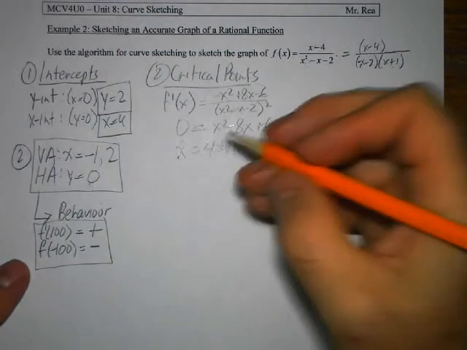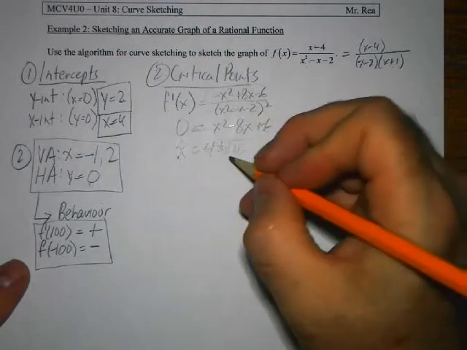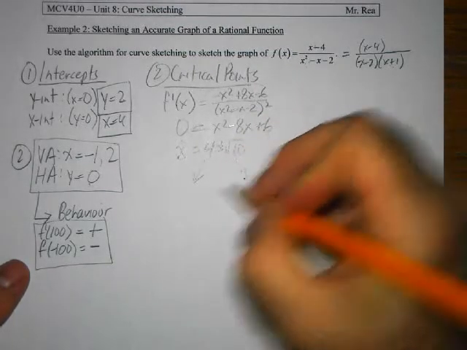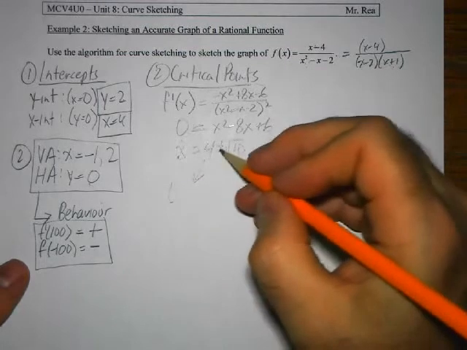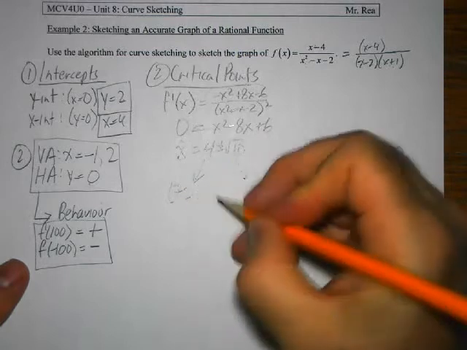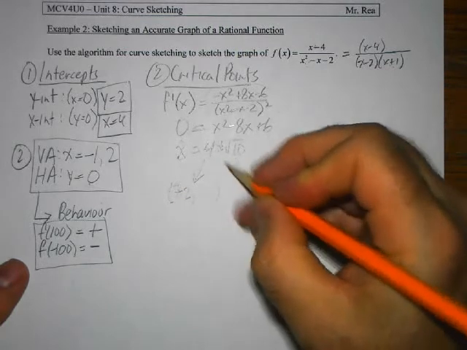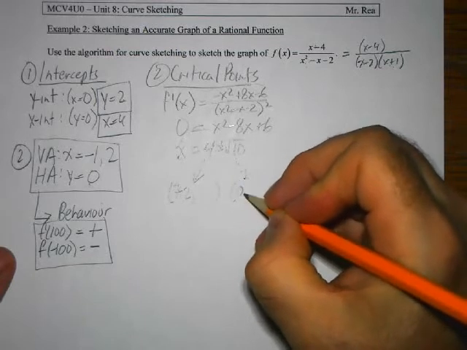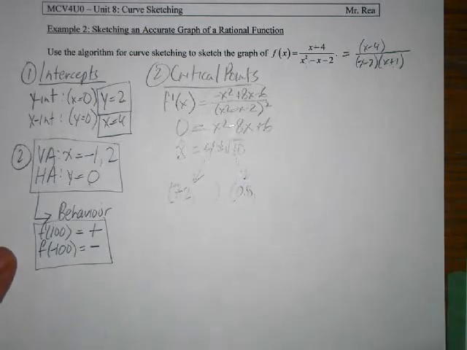And when you look at each of these points, so the first point will be 4 plus root 10, that's about 7.2. And this one would be 0.8. Okay, now did I figure those out?